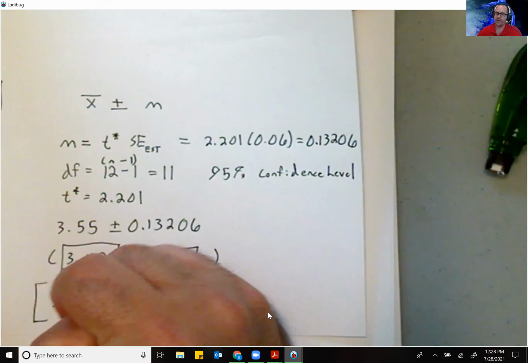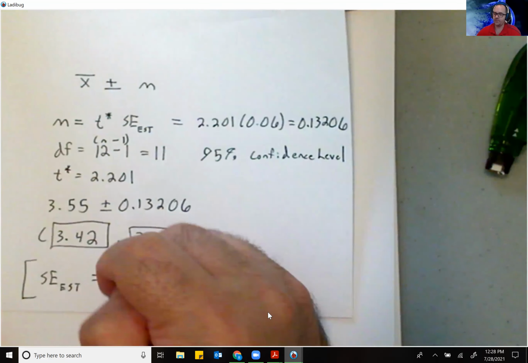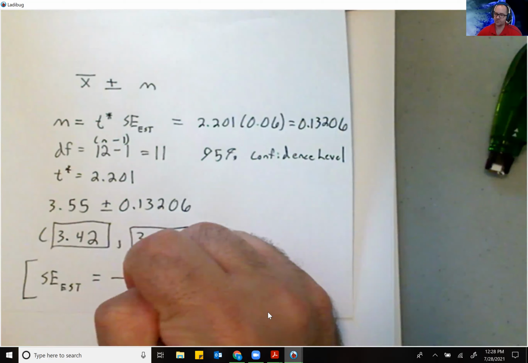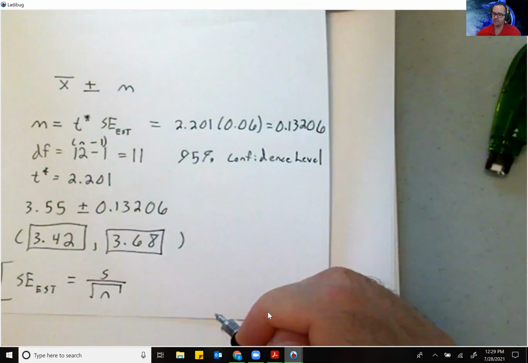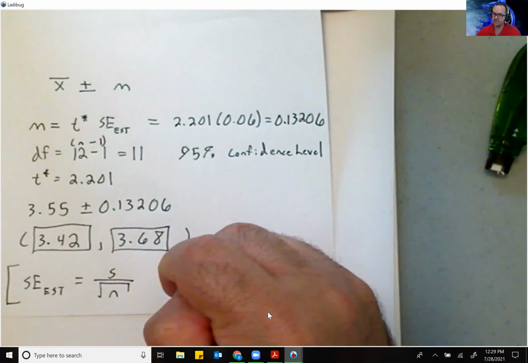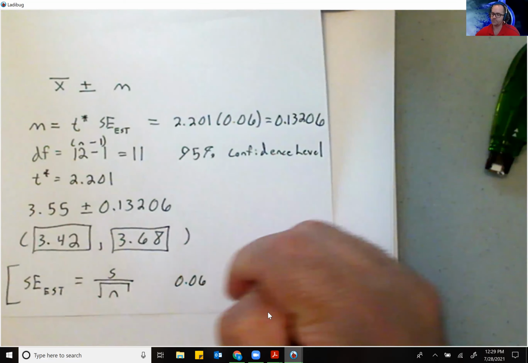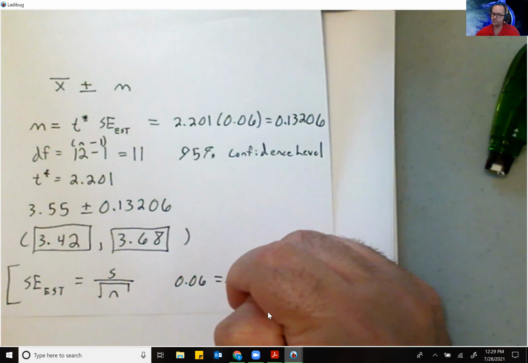So either way, you're going to have to do math on this. And this formula is the standard deviation divided by the square root of n. So if we went back in and solved for s, we'd have to put 0.06 equal to s over the square root of 12.